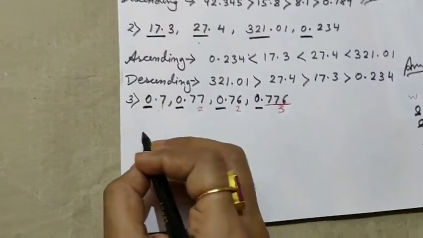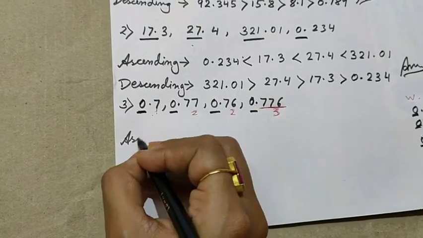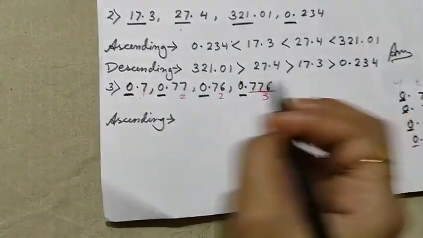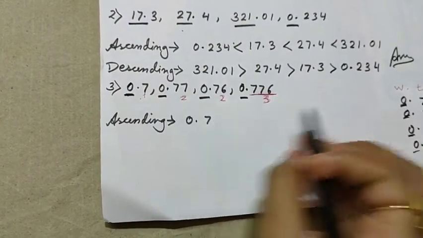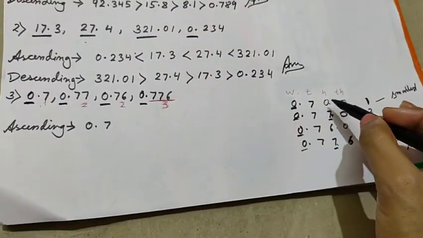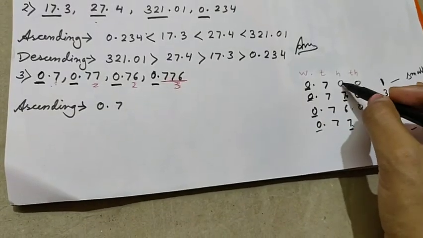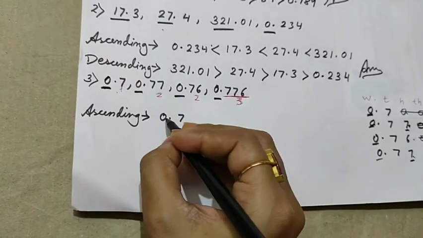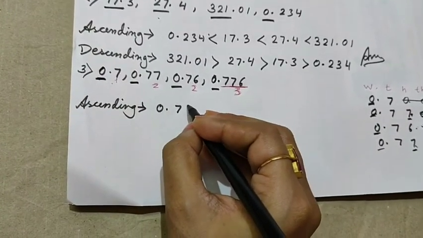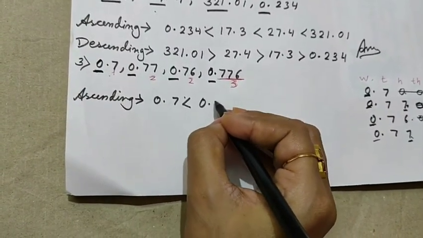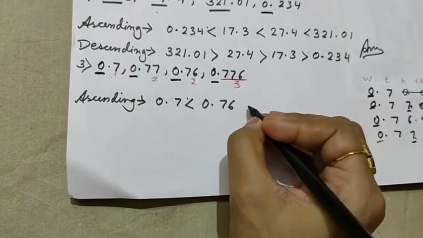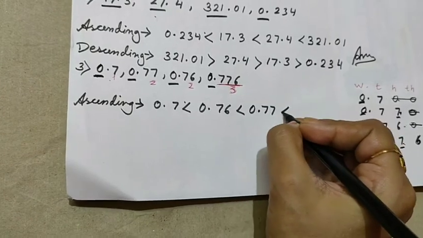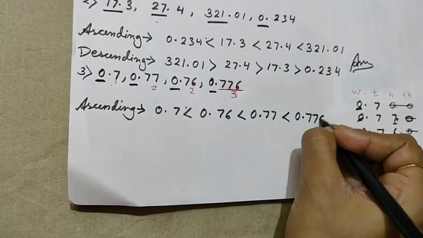Now according to that, we can easily arrange it. What we will do, we will arrange in ascending order first. How to arrange in ascending order? 0.7. Here we will not write 0.700. We will write only as in the question, that is 0.7 is smaller than 0.76, smaller than 0.77, and smaller than 0.776.